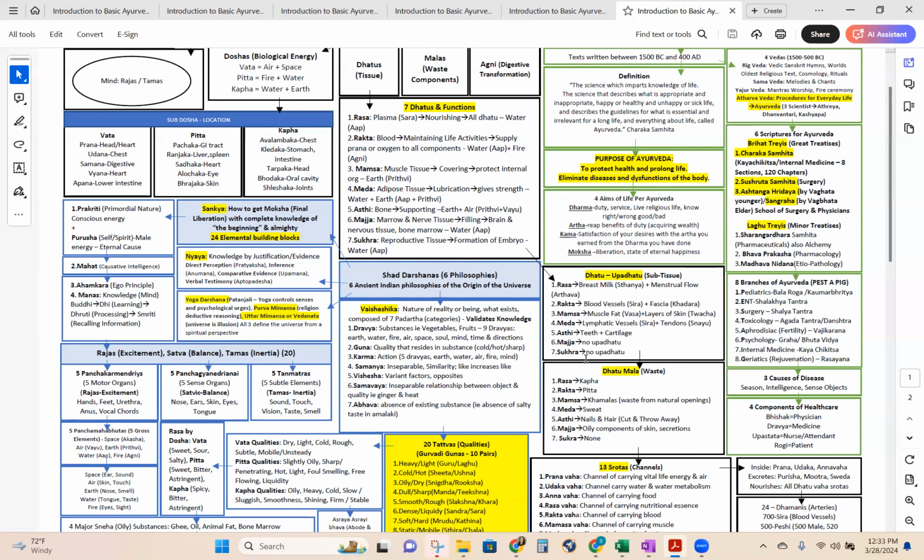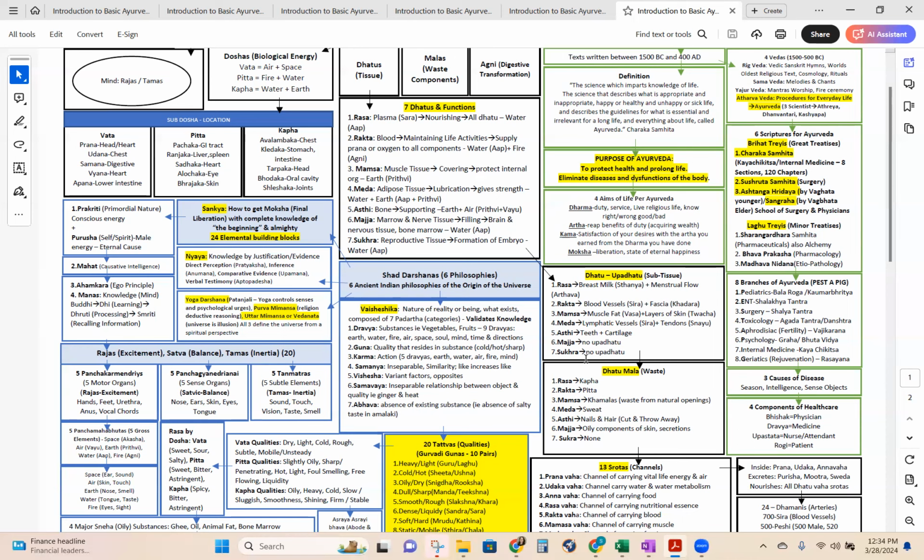And of course, we have the 5 Pancha Mahabhutas, the 5 gross elements: space, akasha; air, vayu; earth, prithvi; water, jala; and fire, agni. And the sense organs are associated with space and the subtle elements. So space is the ear and the subtle element is sound.